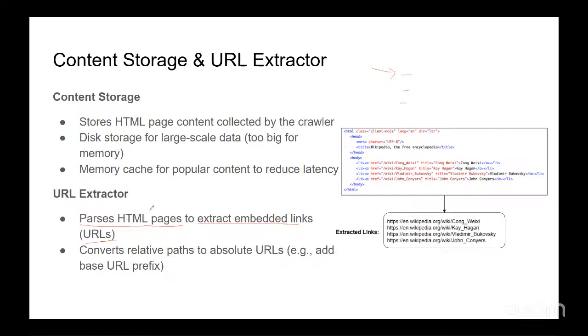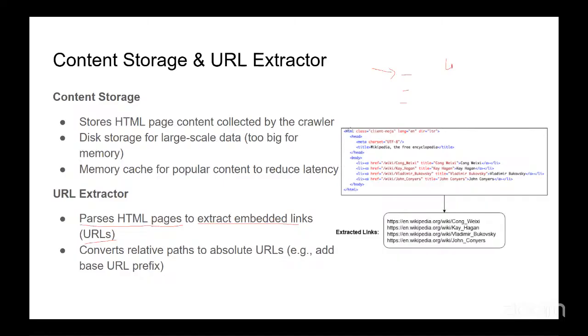But URL extractor will only be looking at the link tags, right? So it will extract the embedded links from the HTML pages, and then it will convert those relative paths to absolute URLs. Absolute URLs, for example, let's look at this example.